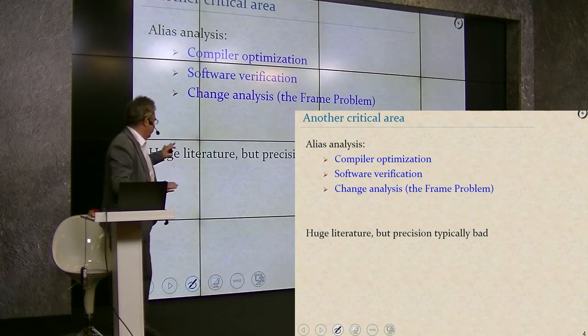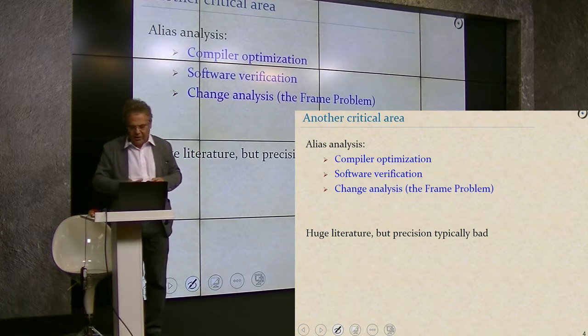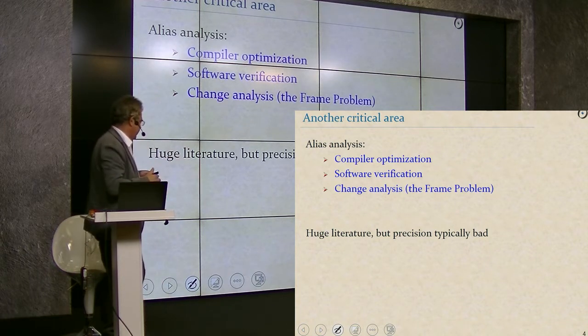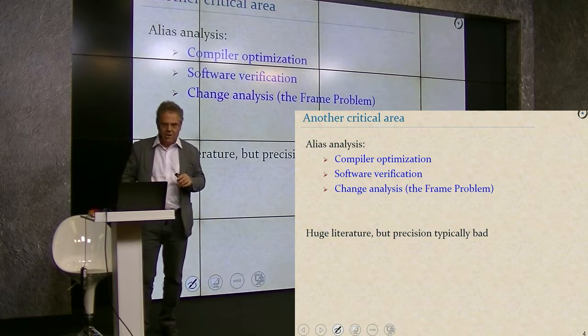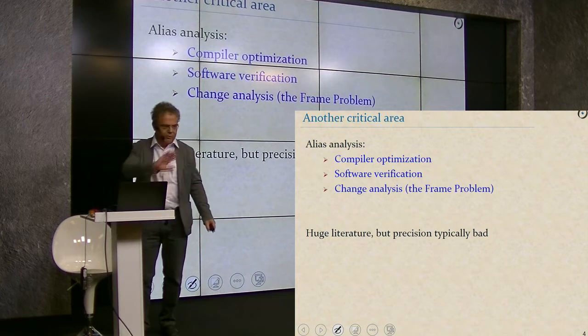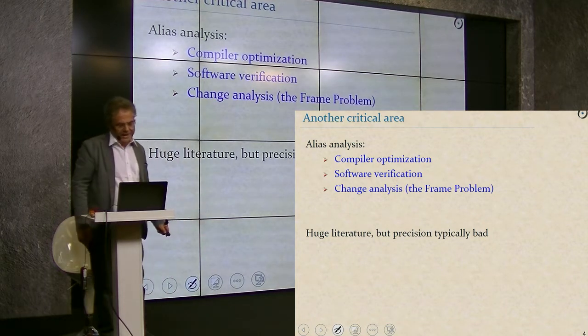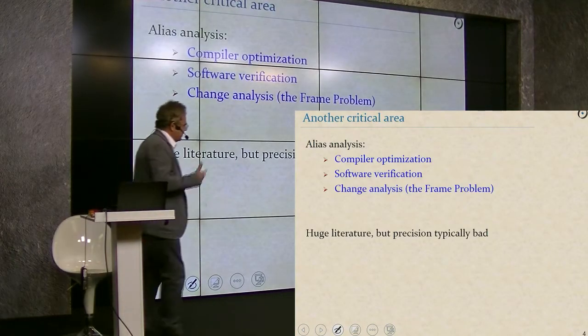This is unlike the previous topic of void safety, on which there is really little literature apart from Alexander's thesis and some other work. Here there's a huge literature, hundreds, thousands of papers, but the results are not very good. The precision, which I'm going to define in a few moments, is typically bad. So that's what I'm going to talk about.